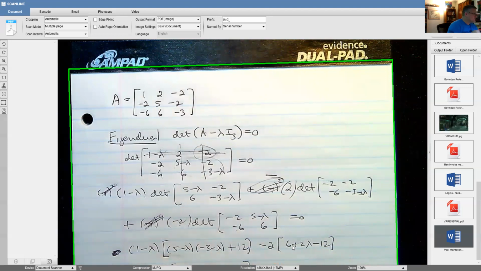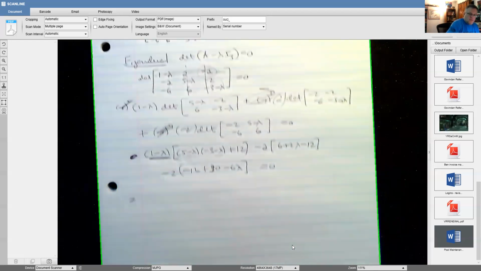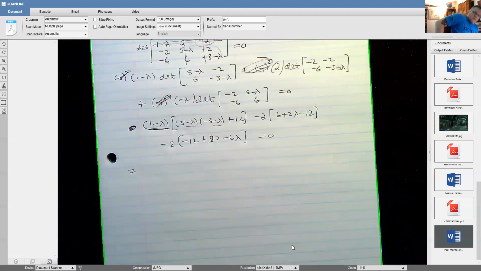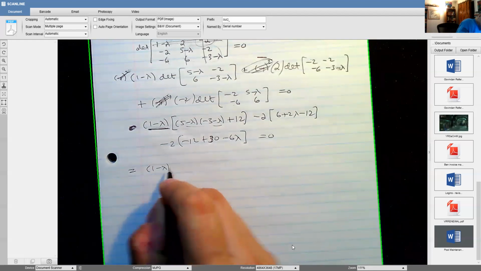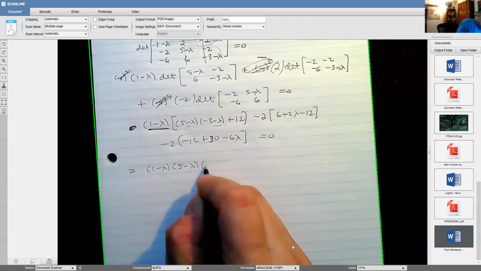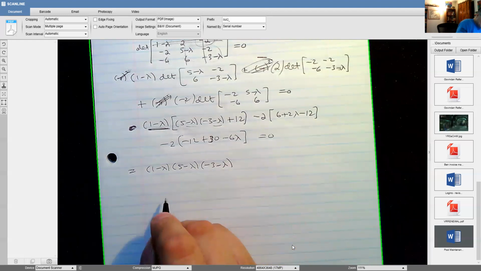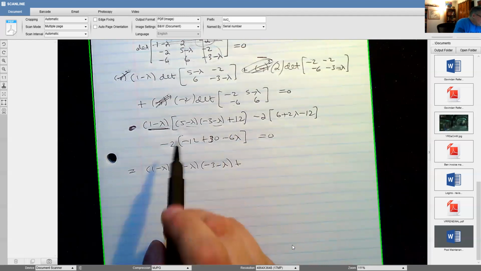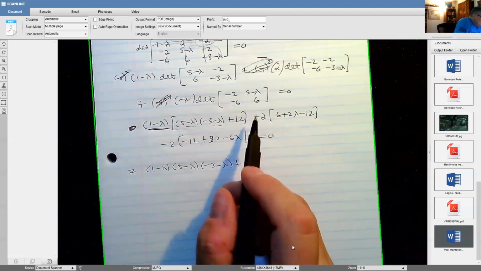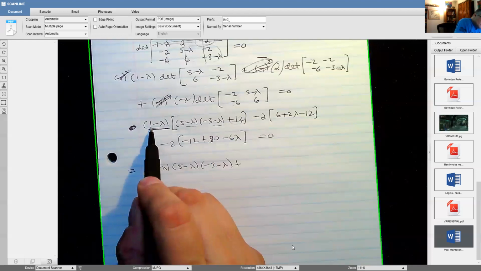So just simplifying. All right, now multiply these things together. I'm going to distribute this through. So I have 1 minus lambda times 5 minus lambda times -3 minus lambda, plus, I'm going to multiply that out, and so I have a 12 minus 12 lambda.